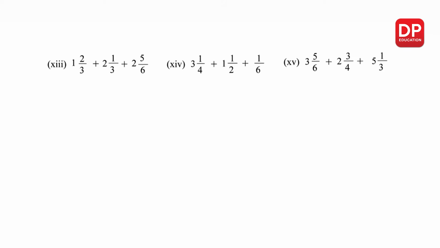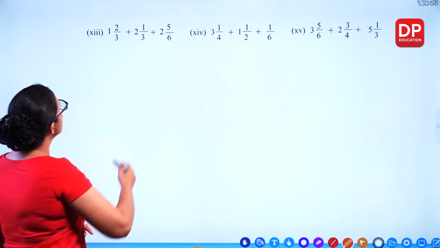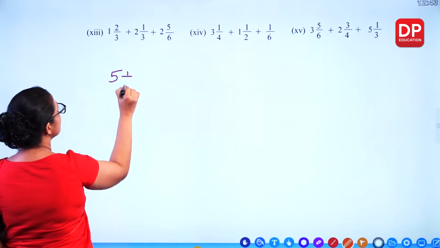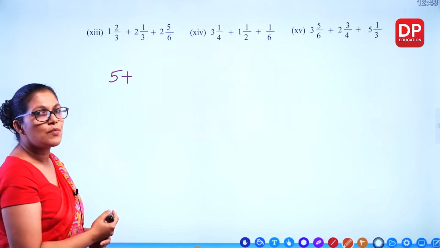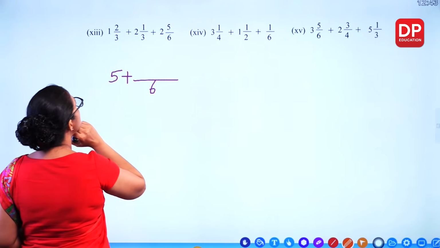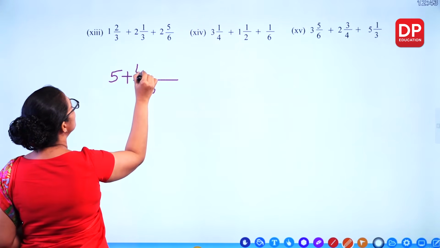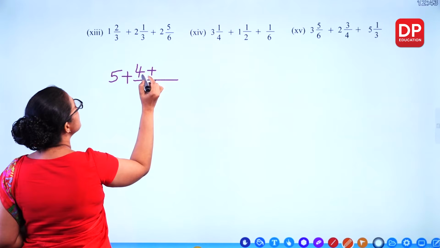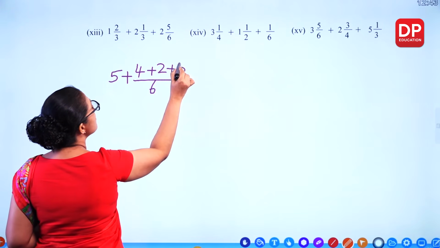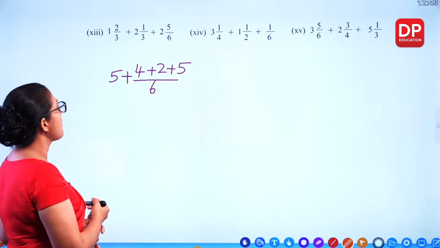Now 3 fractions addition. 1 plus 2, 3. 3 plus 2, 5. 3, 3, 6. What's the common denominator? That's 6. Convert. Multiply by 2. You get 4. Here multiply by 2. You get 2. Here you don't need to multiply. You can write as it is.